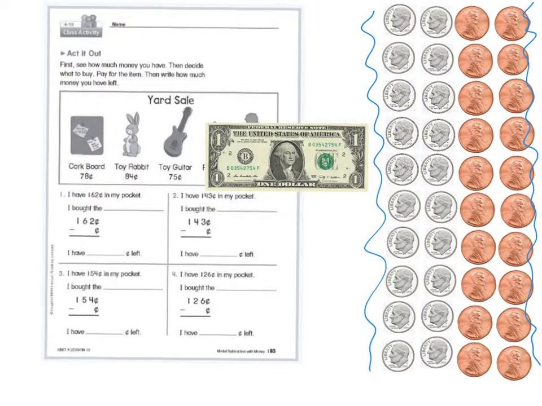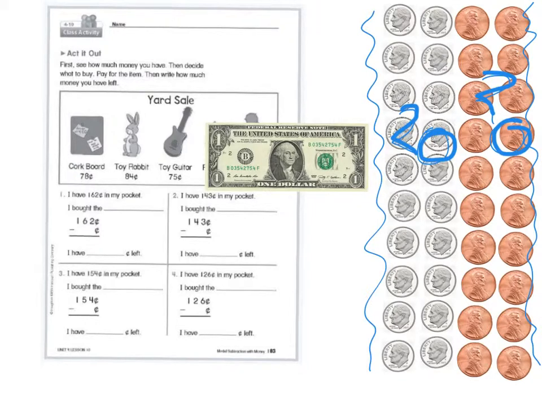If you count up all of the coins, you'll find that you have 20 pennies altogether, and you have 20 dimes altogether. Make sure that you're counting 20 pennies, and pennies are counting by ones, and 20 dimes, and dimes are counting by tens.